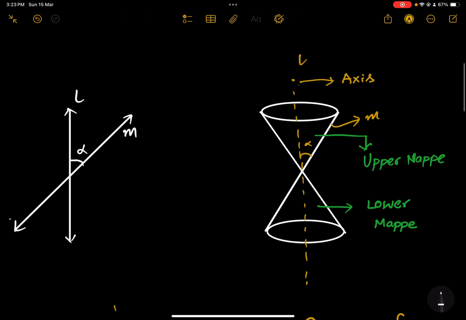Now let us first see how a conic section is generated. I mean, how a parabola, ellipse, hyperbola, any conic is generated. All right.